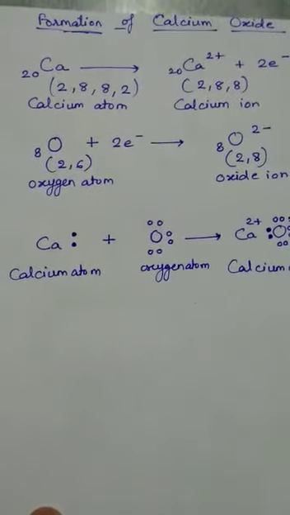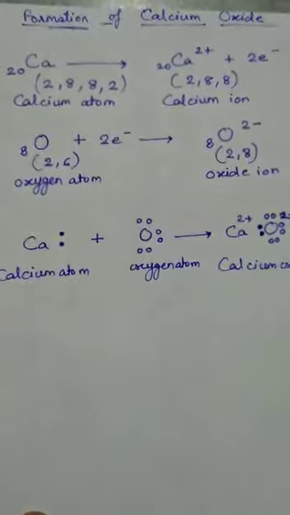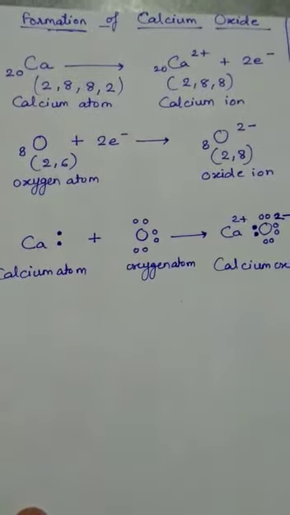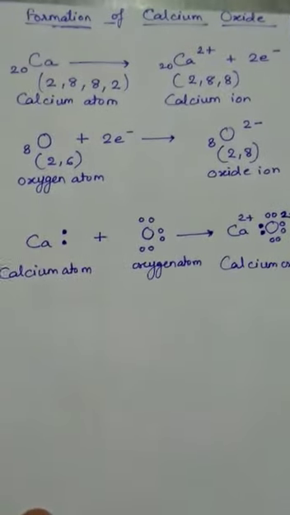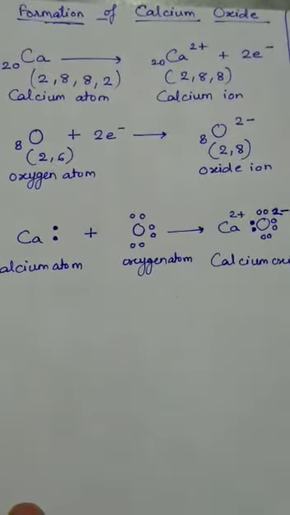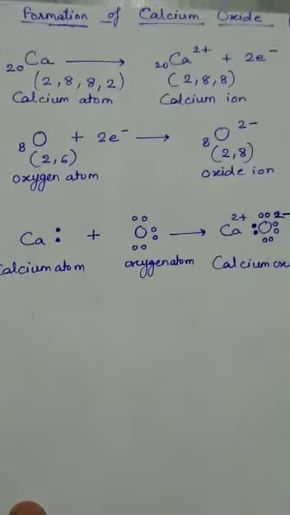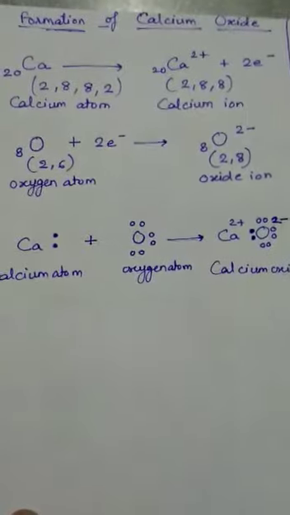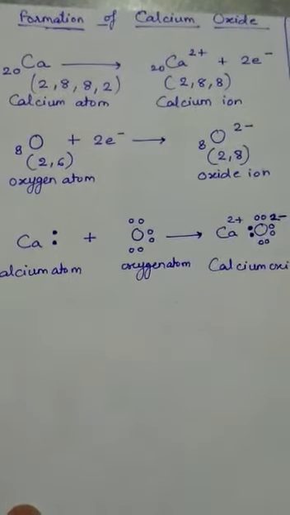So the non-metals will accept electrons and they get reduced because gain of electrons is known as reduction. So in the formation of electrovalent compounds, oxidation and reduction take place simultaneously, or we can say that the formation of ionic compounds are redox reactions.